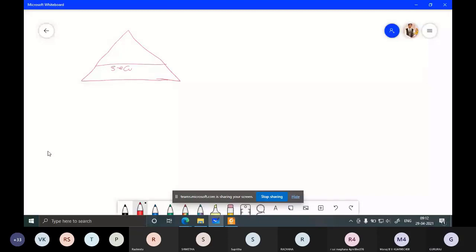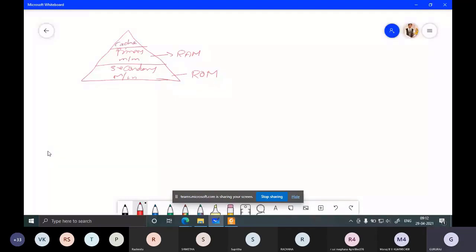This is usually the ROMs, the storage memory. Above it will be the primary memory, which will be the RAMs, also known as the working memory. And at the tip of the triangle, it will be the cache memory.